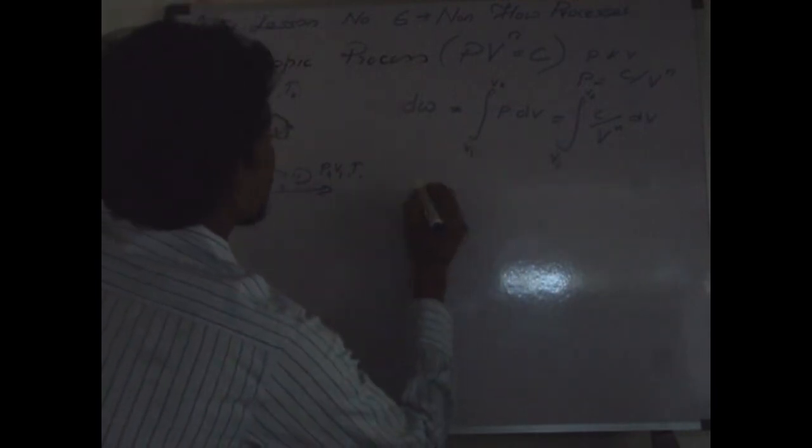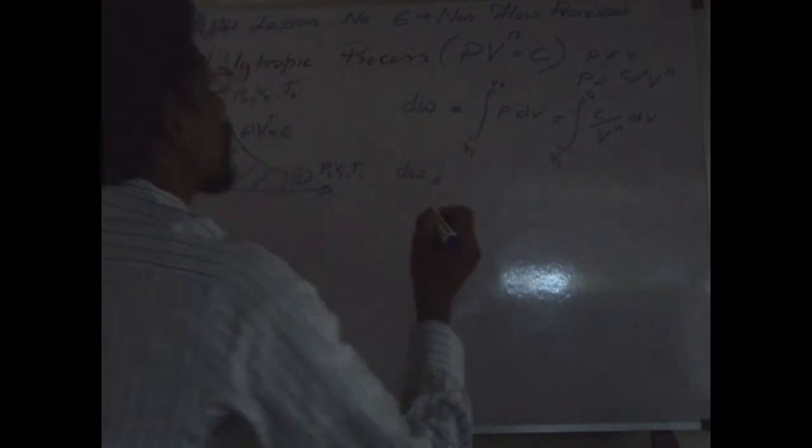Now you can integrate easily. dW is equal to C, which you can take out, times the integral of 1 over V to the power n dV, which is C times V to the power minus n dV, integral V1 to V2. Simple.